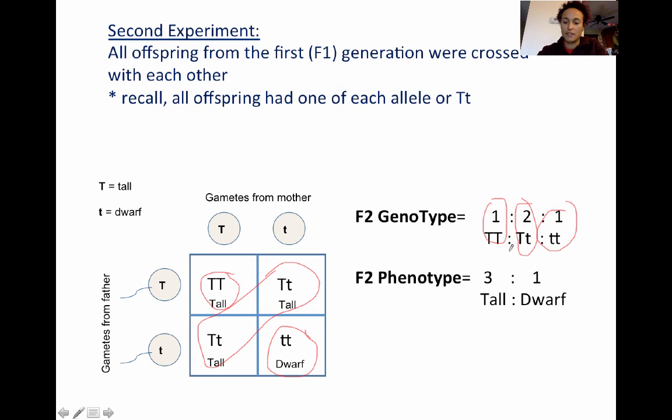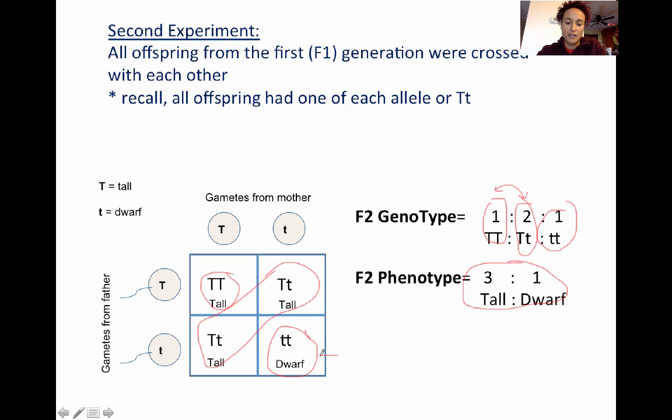What's really different here is that our phenotype ratio is going to be completely different because all of these are going to be tall. So even though the genotype might be different, one could be homozygous dominant and the other one might be heterozygous, all three of those are going to be tall.